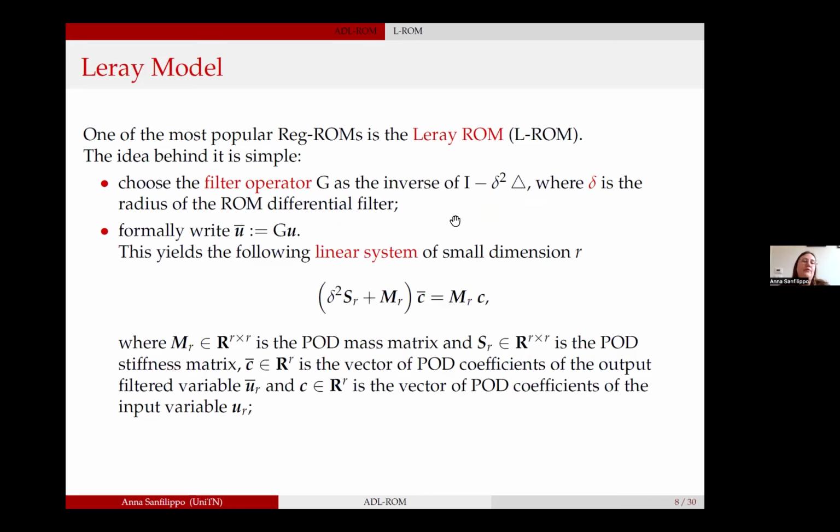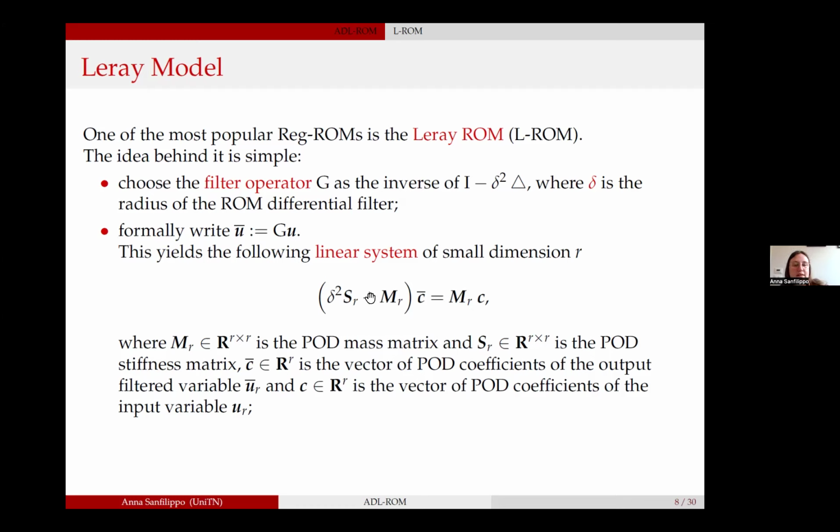Then we can write the filtered velocity as the operator G applied to the original velocity, in our case the reduced velocity. And this yields a linear system of small dimension R. Again, this is the key. All these matrices are very small because, for example, if we take R equal to 10, they are 10 by 10.